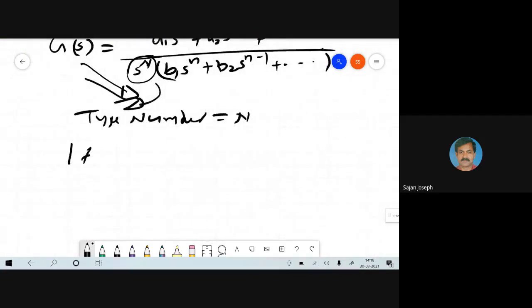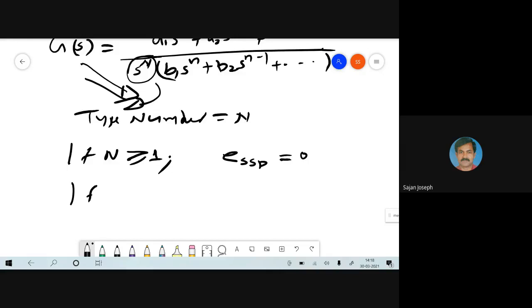If n is equal to 1, it can be proved that the static position error is equal to 0. If at least one integrator is present in the feed forward path, the static position error will be 0. So if n is greater than or equal to 1, it can be proved that the static position error is equal to 0.